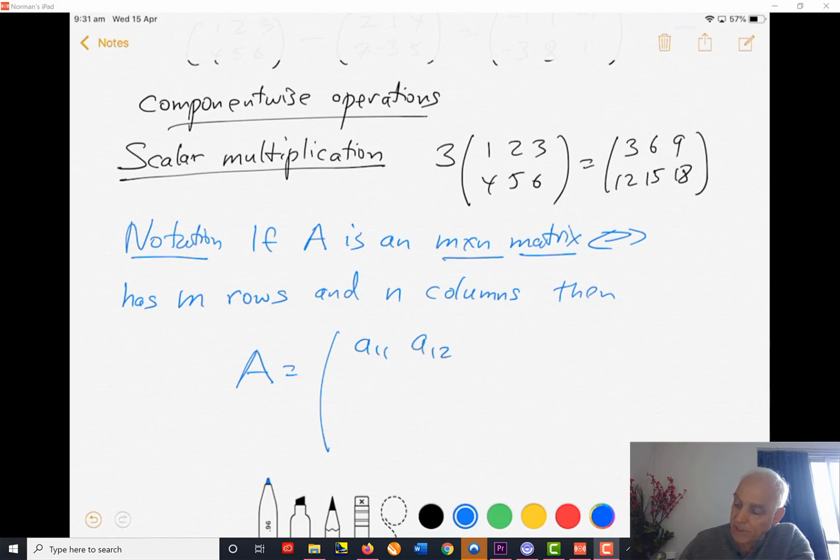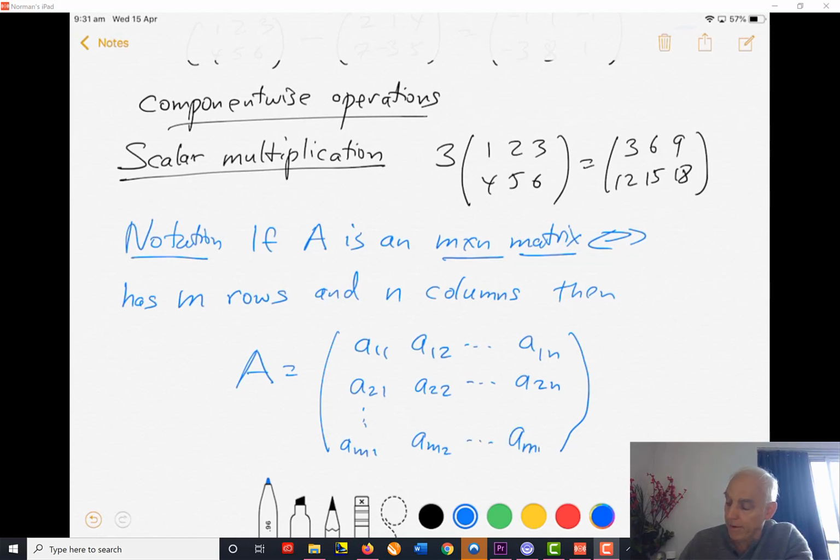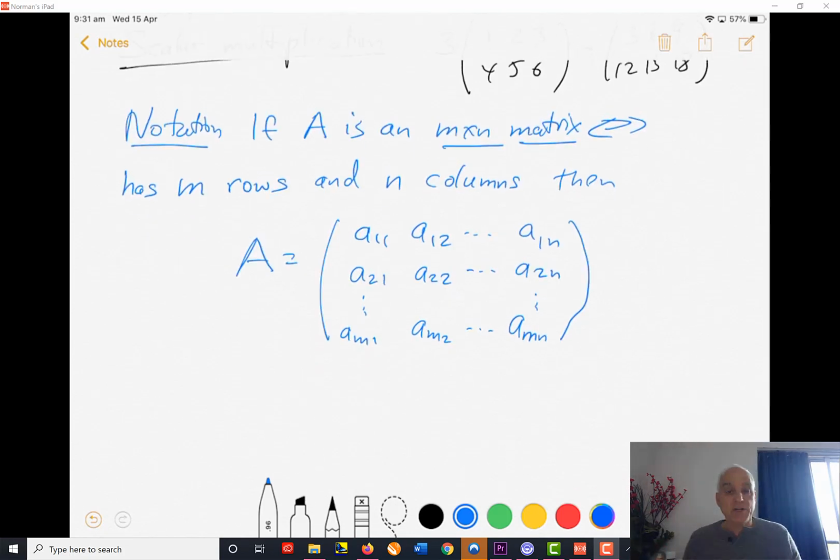We've seen this kind of notation before where we index the elements with a pair of numbers, so A11, A12 up to A1n, A21, A22 up to A2n, and down to AM1, AM2 over to AMN. So this is a general expression for an M by N matrix.